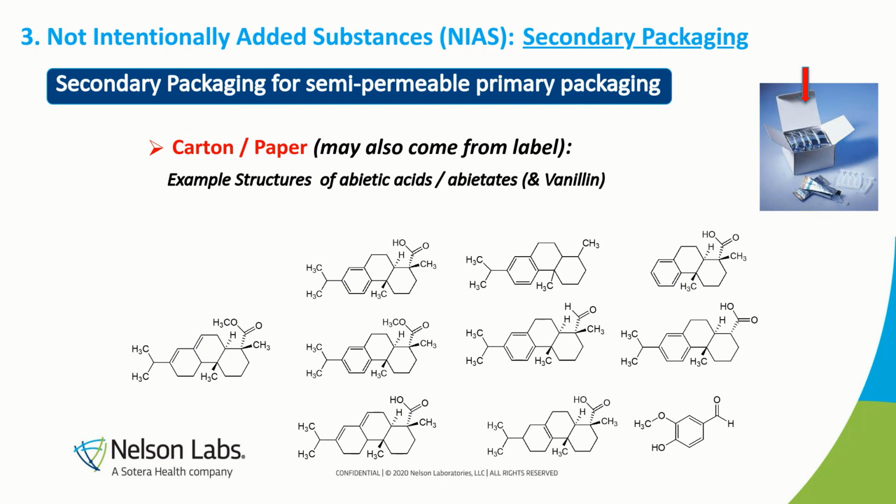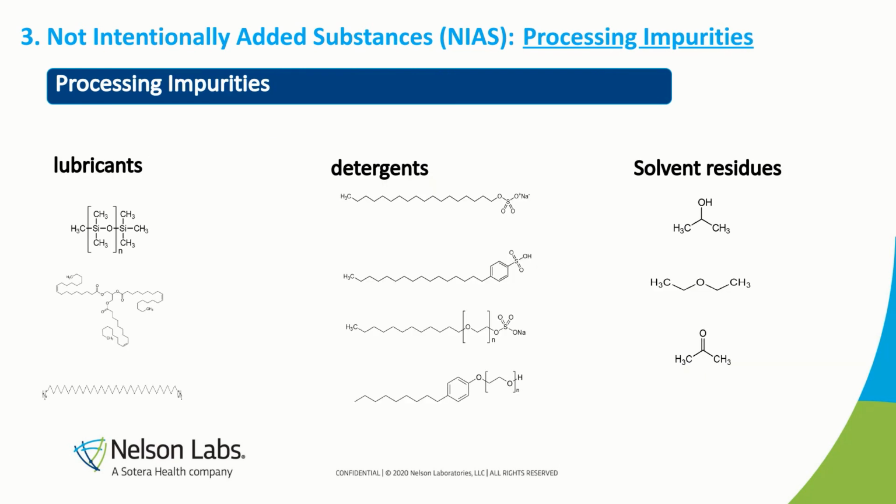And that is the same for the carton or paper box. So you will see potentially abietic and dehydroabietic acids or abietates or vanillin, for instance, potentially migrating through the semi-permeable primary packaging. And a last class of unintentionally added substances are processing impurities.